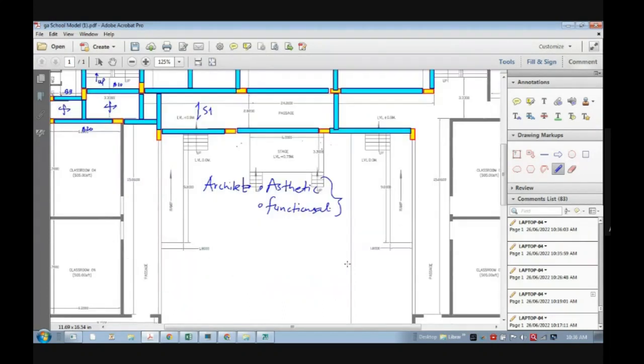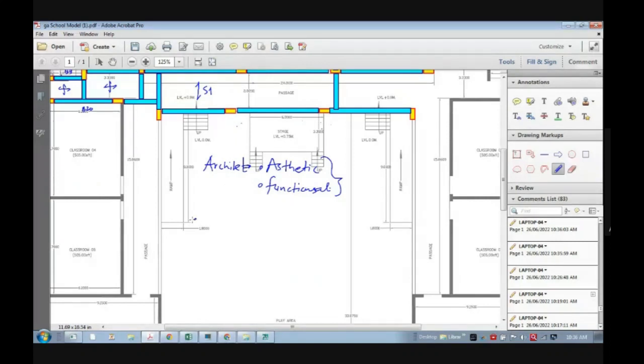But as a structural engineer, we also have our parameters. I'm not saying that I am not agreeing with the architect, but I will also see that my parameters are important, because I'm taking the responsibility of the structure. So safety is first at any moment. I will always think from the safety point of view first.